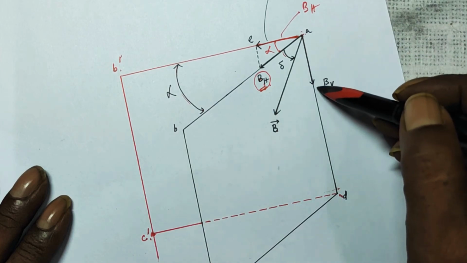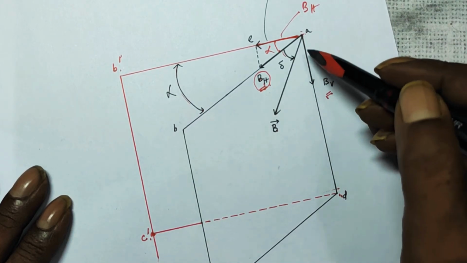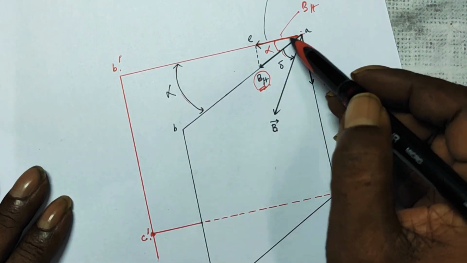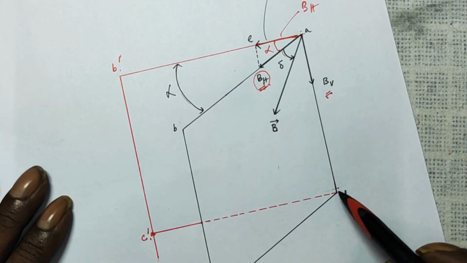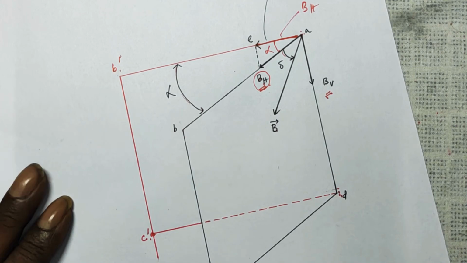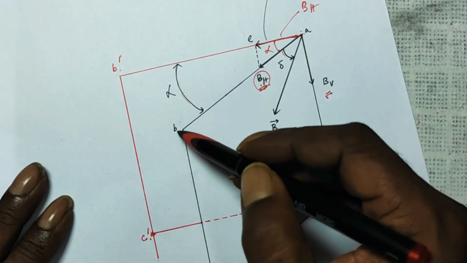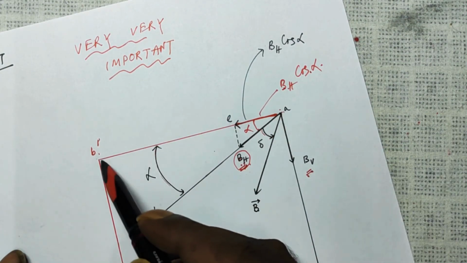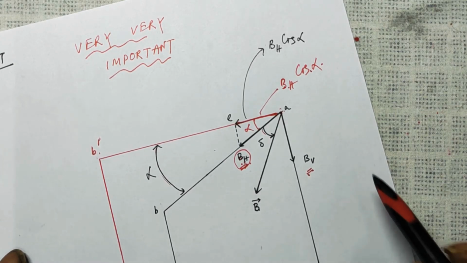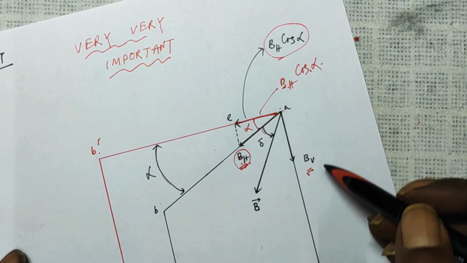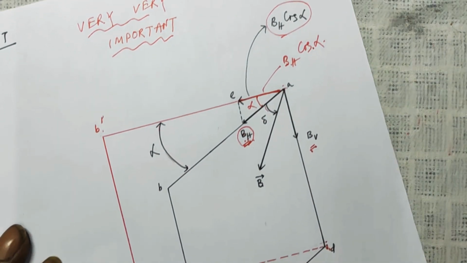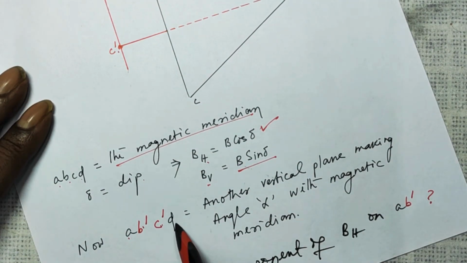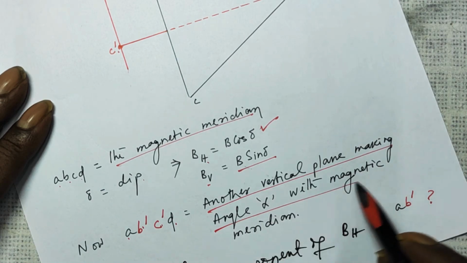Now, BV is also on this plane, right? BV is common to both the planes. BH is on this plane, and BH cos alpha is on this plane. And the angle between BH cos alpha and BV is again 90. Now A, B dash, C dash, D is another vertical plane making angle alpha with the magnetic meridian.